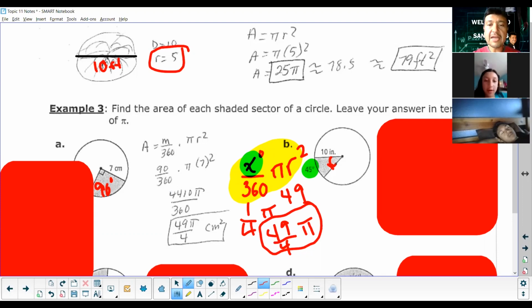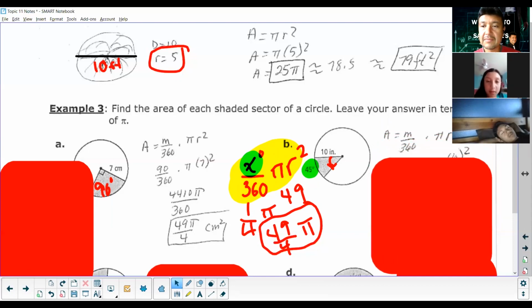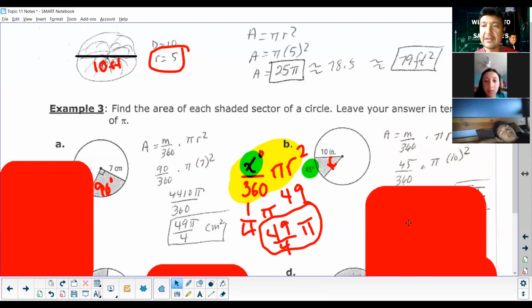So what I'm going to do next is place that in there. What is that going to look like? What would you write down? You do 45 over 360. Yes. So you see like there, and then what would you do after that? You see this part of the formula, the r?